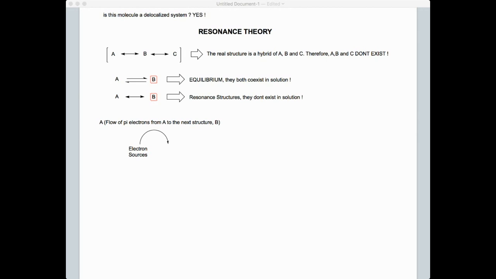What kind of electron sources could you potentially think about? Lone pairs is a source of electrons. That's a good answer. What else? What else could be a source of electrons?